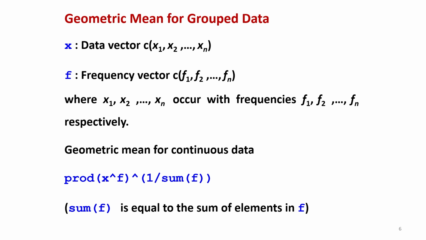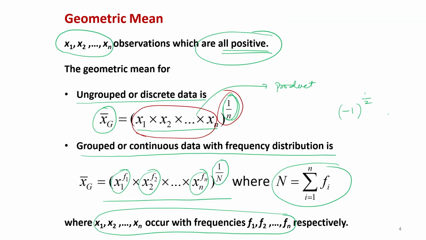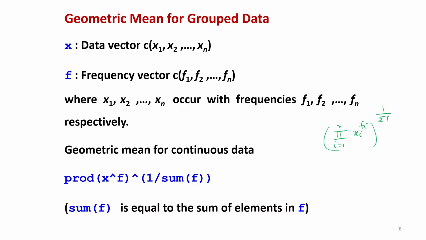And similarly, in the case of a continuous distribution, this is defined as the product of xi raised to the power of fi, and then 1/summation fi, if you have forgotten, right?